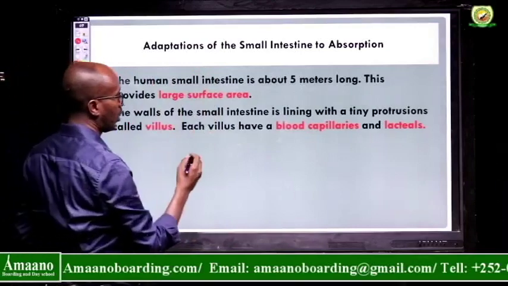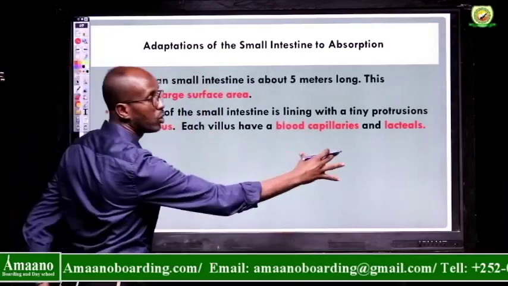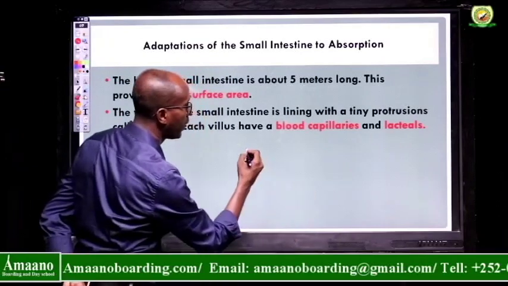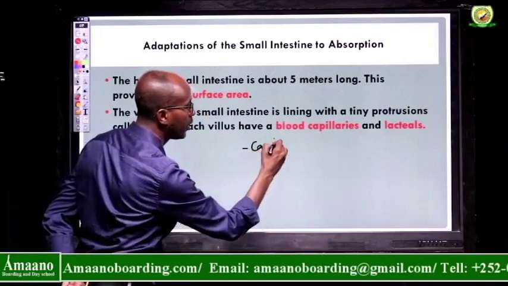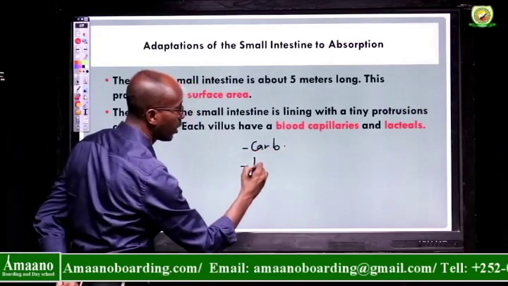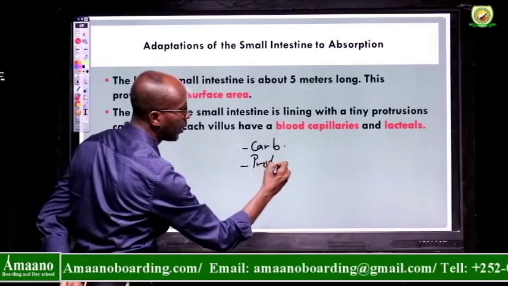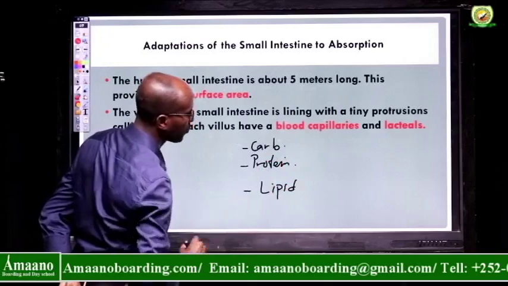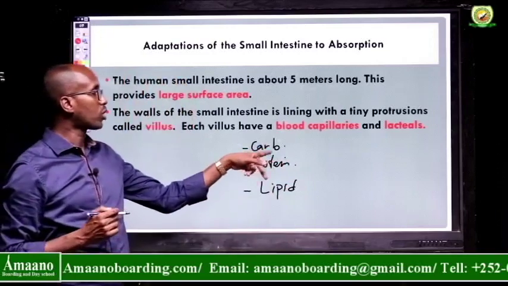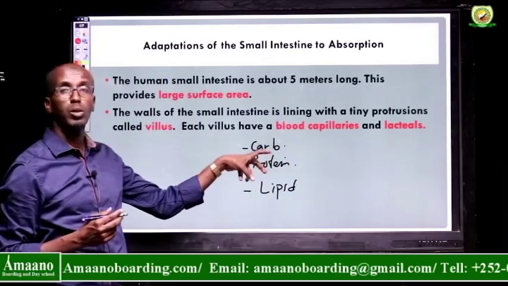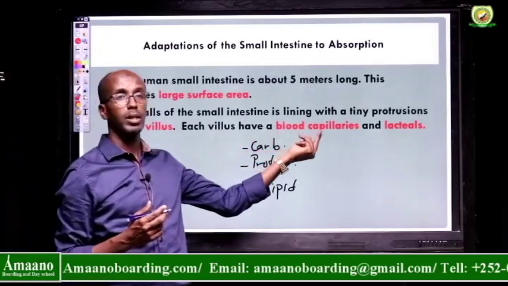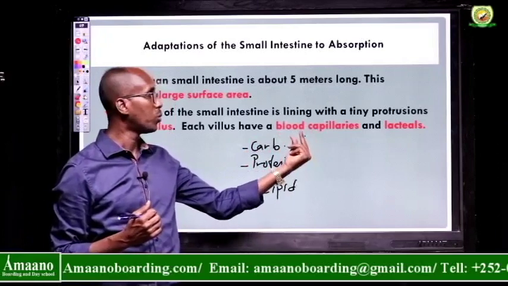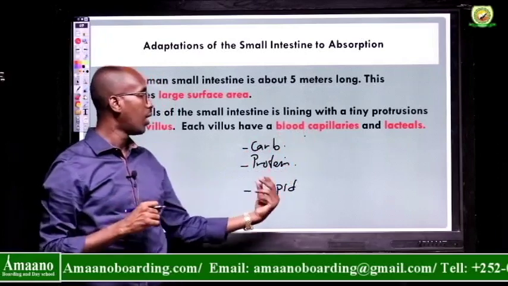Here we have three foods which need to be digested: carbohydrate, protein, and lipid. The final products of carbohydrates and proteins are soluble in water, therefore they can be absorbed by the blood capillaries, because blood contains water.